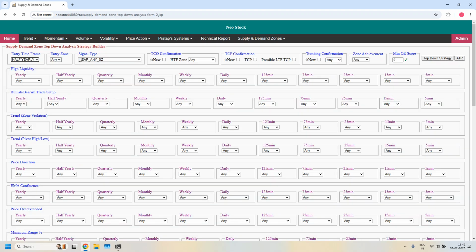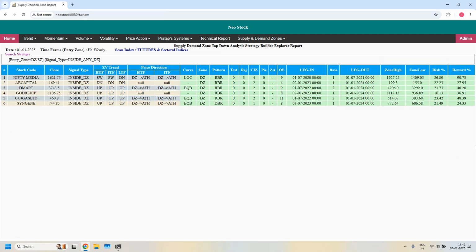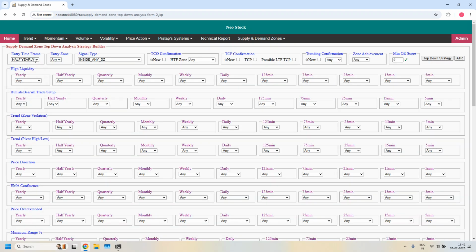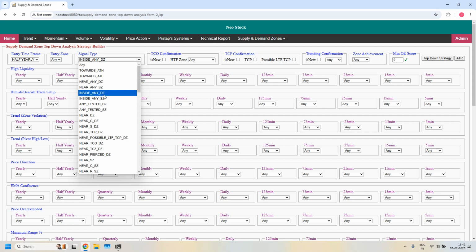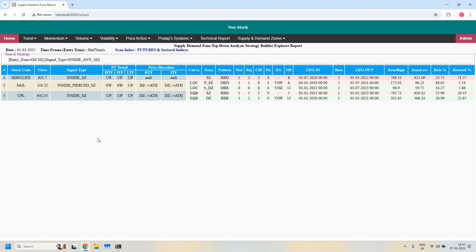Next half yearly time frame, price closed inside the half yearly demand zone, 6 stocks are filtered. Next half yearly time frame, price closed inside the half yearly supply zone, 3 stocks are filtered.